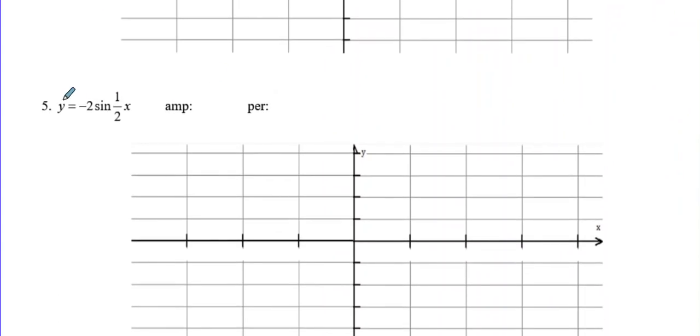Okay, in problem 5, the negative is going to reflect your graph. And the 1/2 will change the period, so that will be 2 pi divided by 1/2, which is 2 pi times 2 over 1, which is 4 pi.